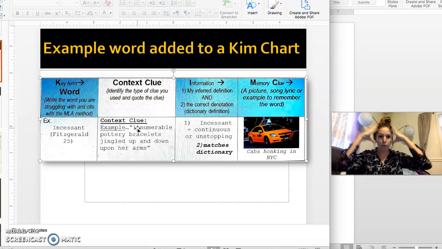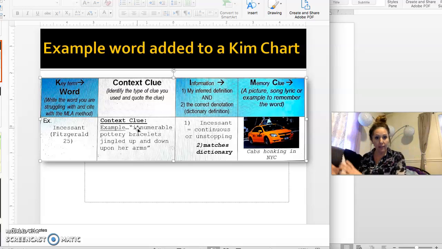Use your own brain, prior knowledge. Maybe you've heard your uncle use that word when they were talking about sports. And then you use the text, what it says in the context around it, and then you add to that and make your best hypothesis, your best educated guess or inference as to what it means based on your own life and the book.